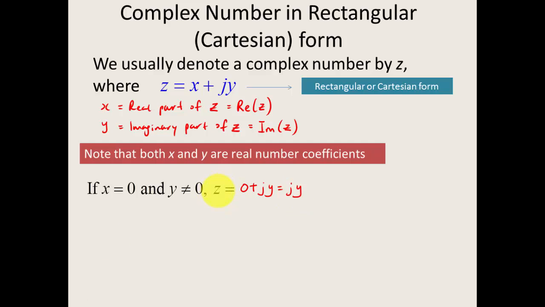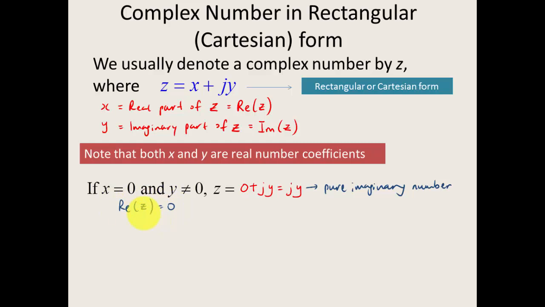You notice that the complex number z has only one term, and that one term comes with a j. Hence we say that z is a pure imaginary number.